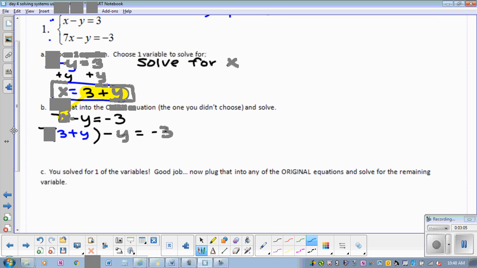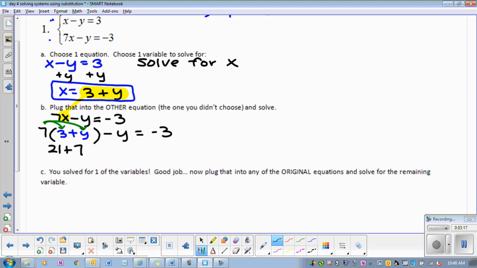And then how do I solve this? Distribute. Good. So I have 21 plus 7y minus y equals negative 3.